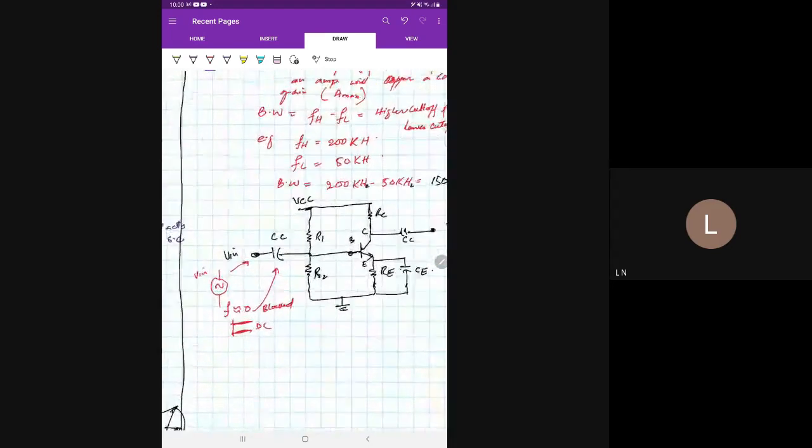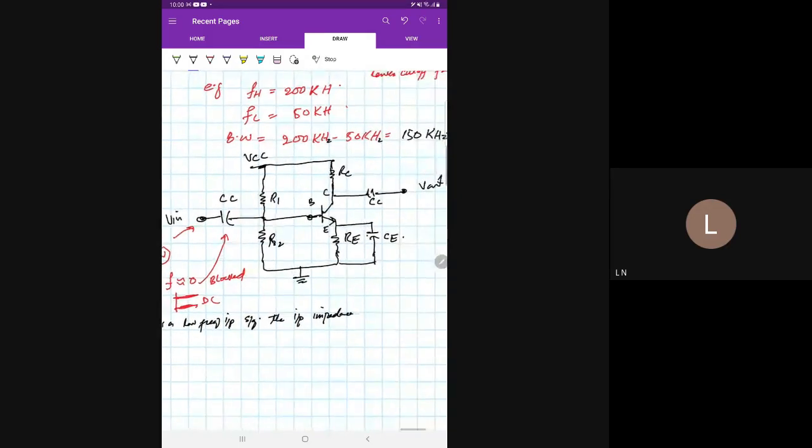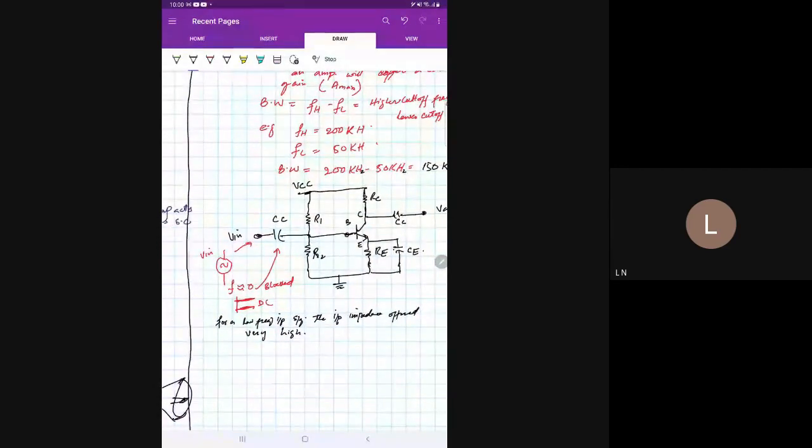Or I can say that for a low frequency input signal, the input impedance offered is very high.